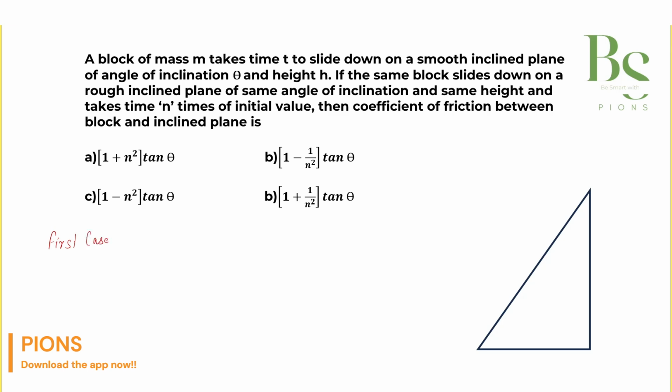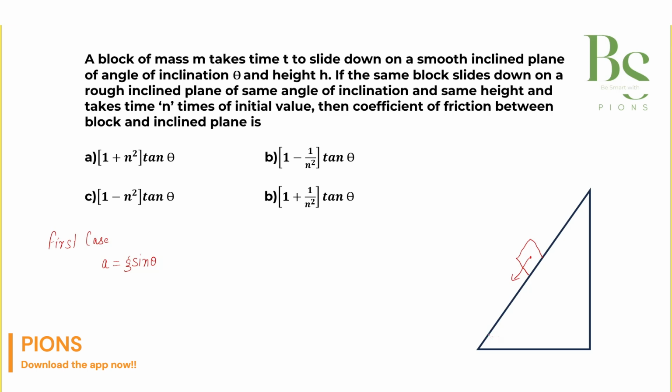If a block is placed on an inclined plane, it is going down because of an acceleration. And what is that acceleration? If this is a block traveling downward, it is always going downward because of an acceleration, and that acceleration is nothing but g sine theta, correct?